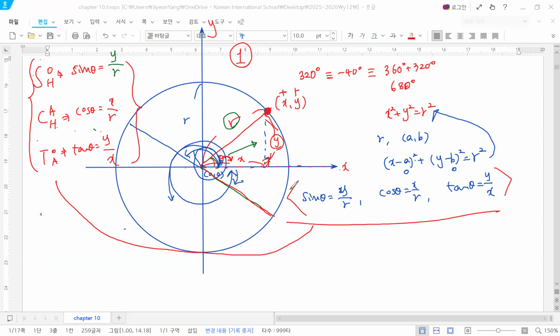By using this definition. So please remember this definition. Sine theta equals y over r. Cosine theta equals x over r. Tangent theta equals y over x. You need to remember this definition.